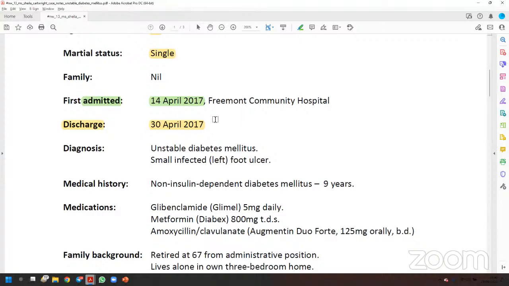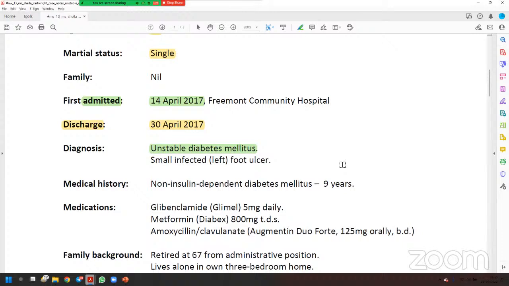Admission date and discharge date, that's all. So you can start with: on 14th April 2017, Miss Cartwright was admitted for stabilization of diabetes mellitus. That you can write.